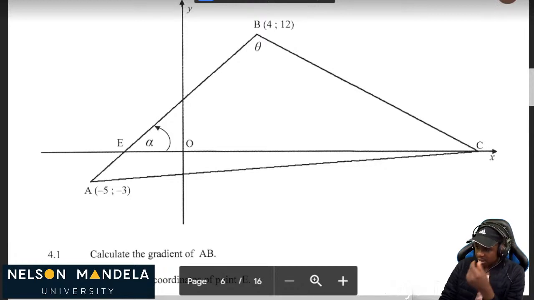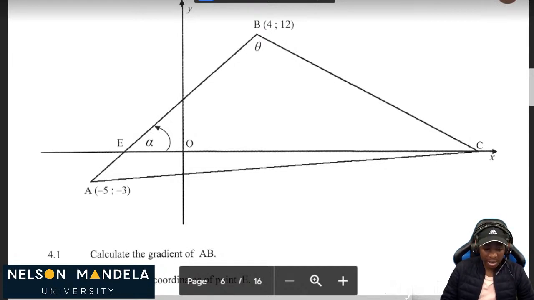Then we end up having 12 minus 3, that's 12 plus 3, that's 15, then 4 minus, that's 9. Then we can simplify this by dividing by 3, that's 5 over 3. So the gradient of AB is 5 over 3.